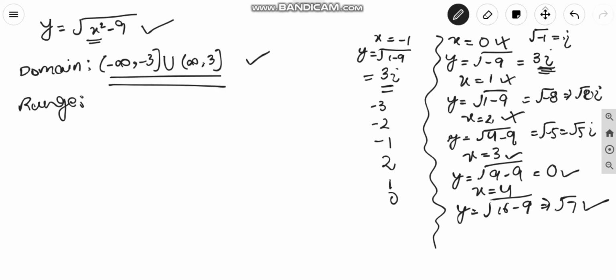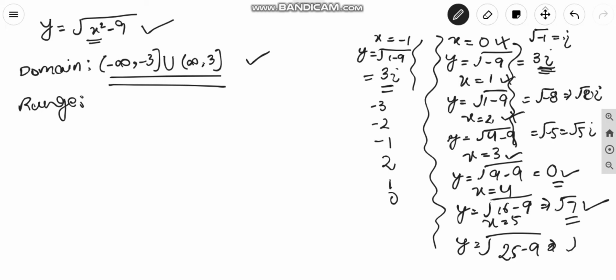So this is the domain of our function. Keeping in view the domain, we will discuss the range, because we cannot put these numbers. So when we skip these numbers, our range will be the set of positive real numbers. For example, let's say we put 5, then 25 minus 9, that is square root 16, that is 4.